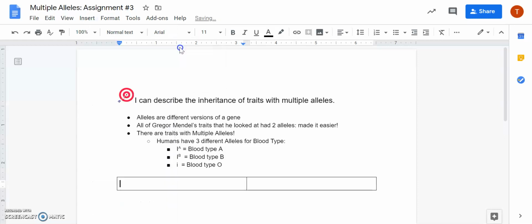In the first column, we're going to have phenotype, and if you recall, phenotype is the way it looks. The other column is going to be genotype, and genotype equals the genes that are present.